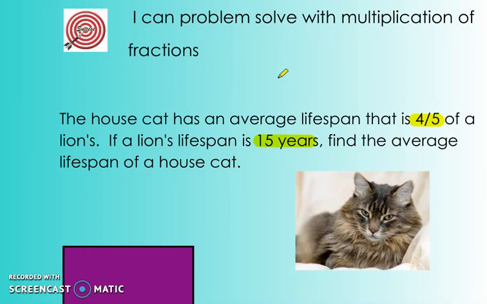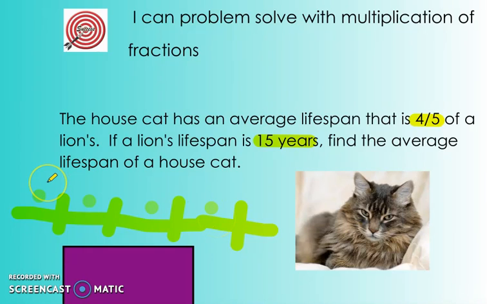Well, I know that I have a lion's lifespan of 15 years, and I know that the cat's lifespan is 4/5 of that 15 years. So if this line represents 15 years, 4/5 of it means if I separate it into 5 equal parts, I know that a cat's lifespan would be the length of 4 of them.